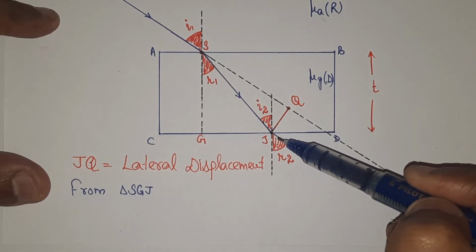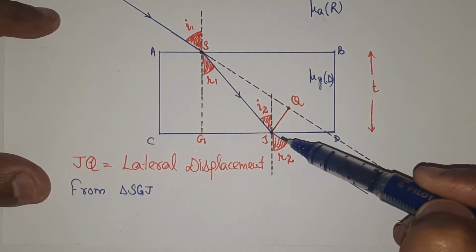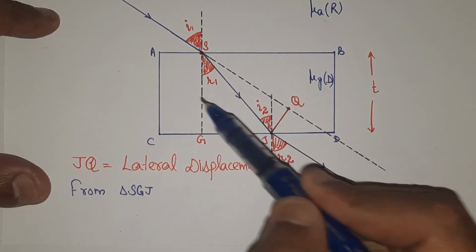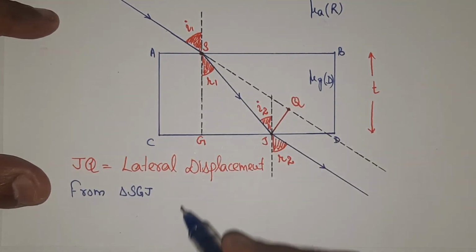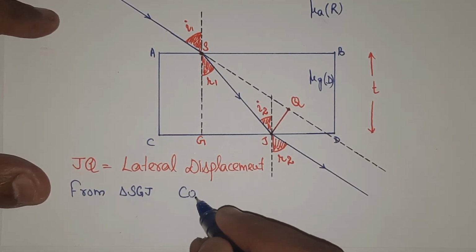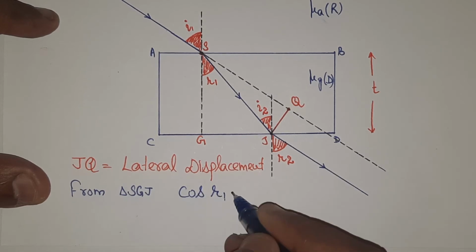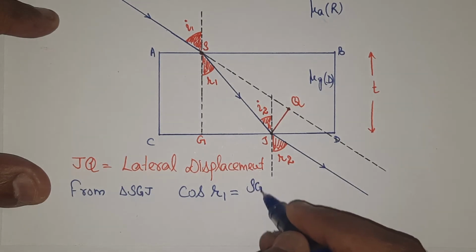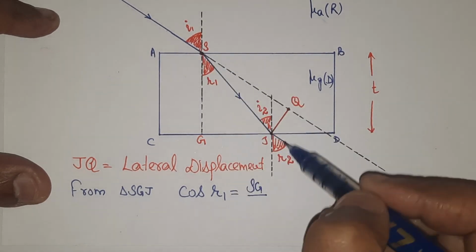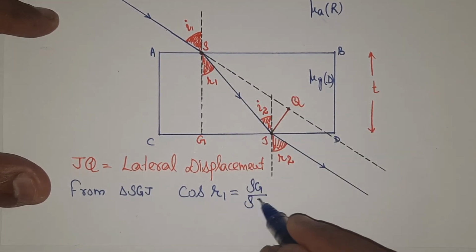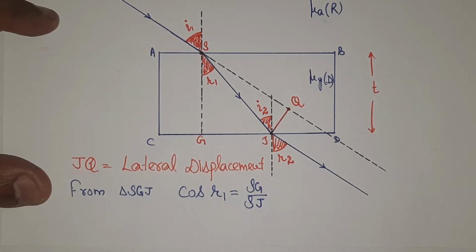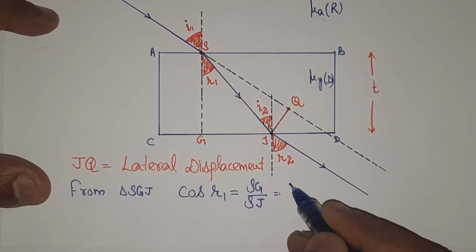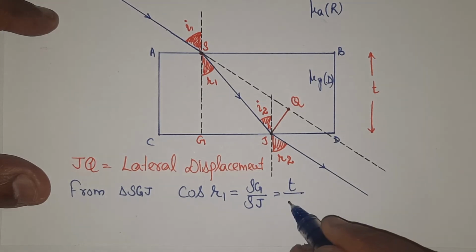So base and hypotenuse, who links them? Cos theta. So we write cos of R1 from the triangle. Cos of R1 is equal to base over hypotenuse. Base is SG, and hypotenuse is SJ. Now SG is equal to the thickness of the slab, T, and SJ we have to calculate.